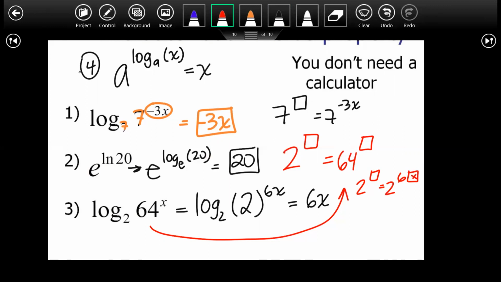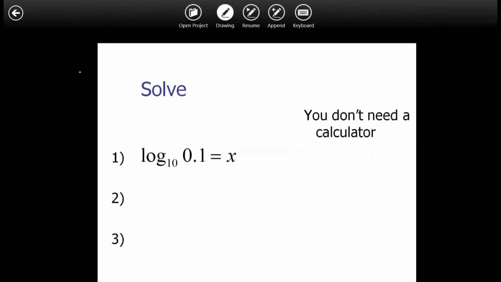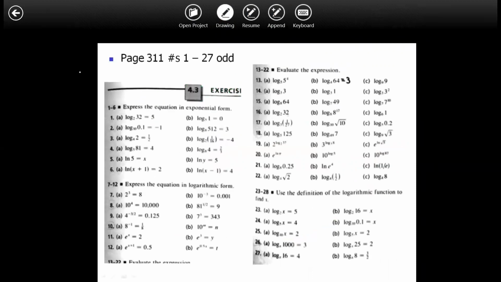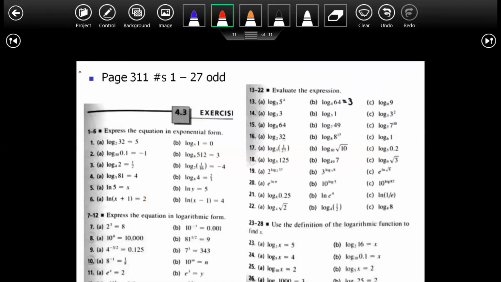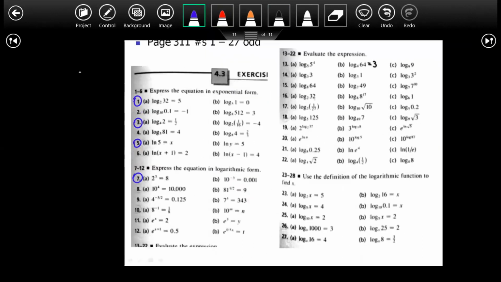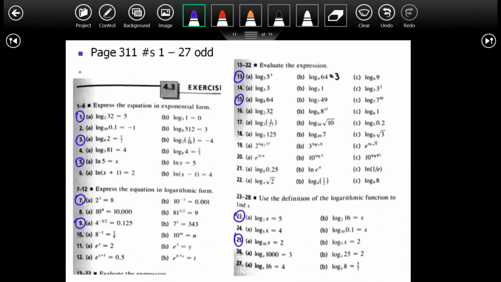Okay, can I give you guys your homework? These are just looking at solving. I want to do 11 too, sorry.